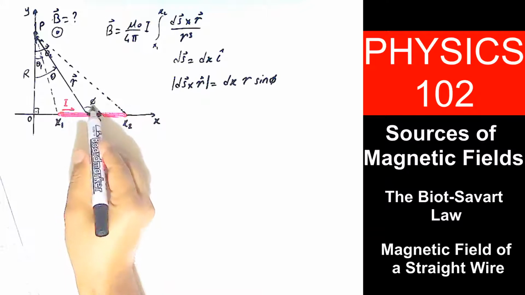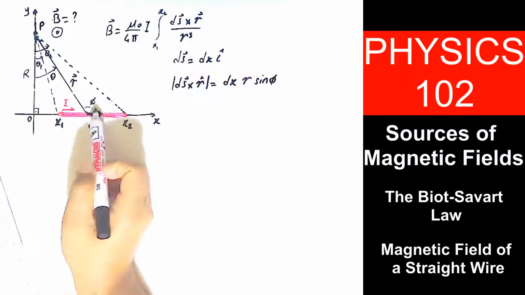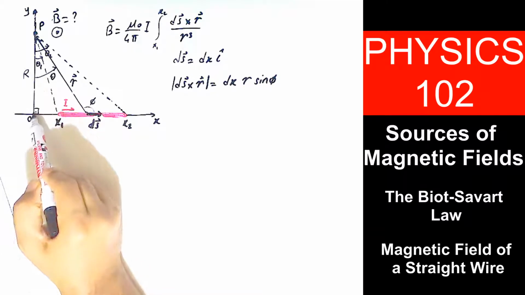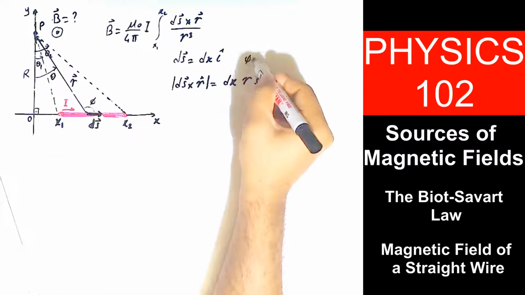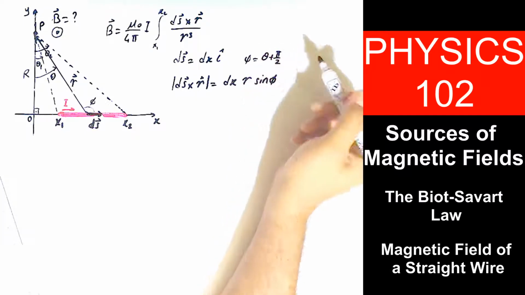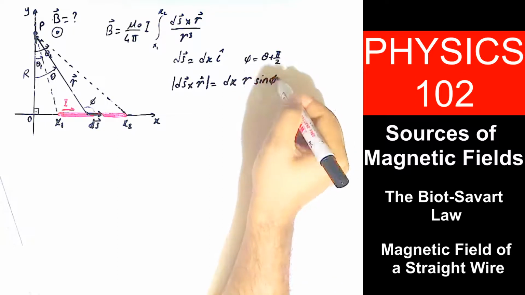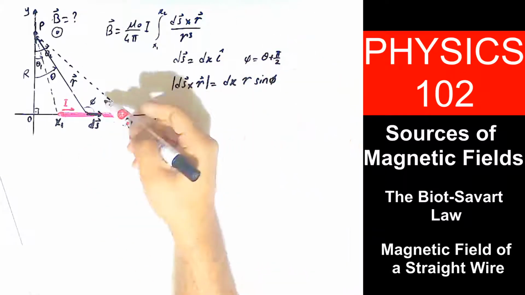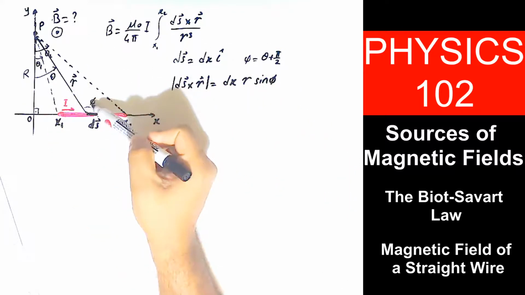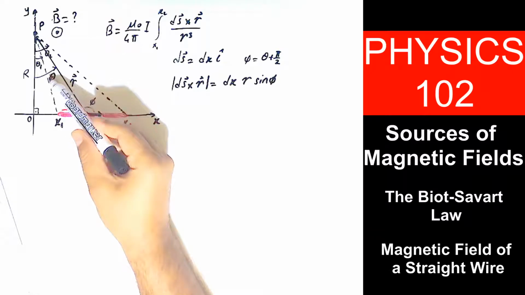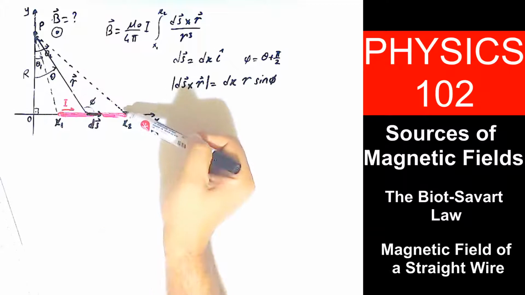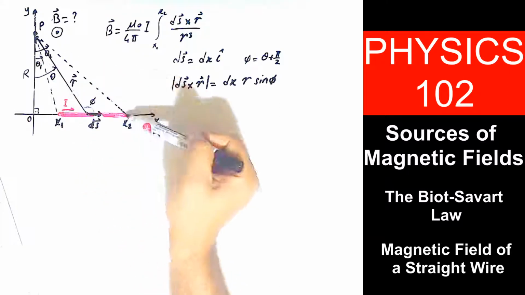In terms of theta, it is theta plus 90 degrees, so phi is theta plus pi over 2. Why am I doing this? Because I want to express phi in terms of theta, since my starting point is theta 1 and end point is theta 2.